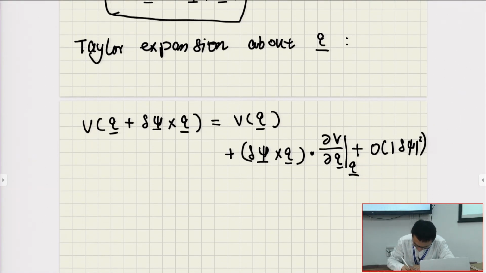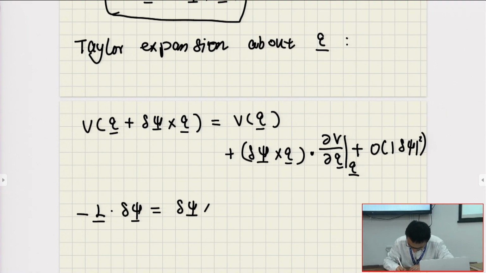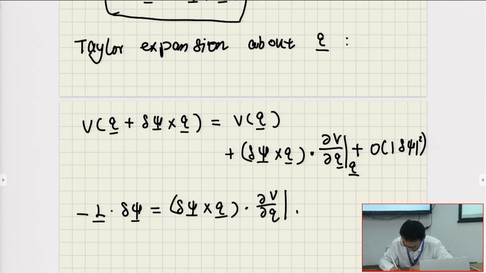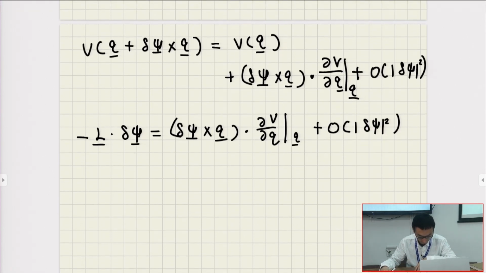Then what you have, first let's write this down, is that this is equal to the difference, which gives us delta psi cross Q dotted with dV/dQ, evaluated at Q, plus again higher order terms, which we don't care about.